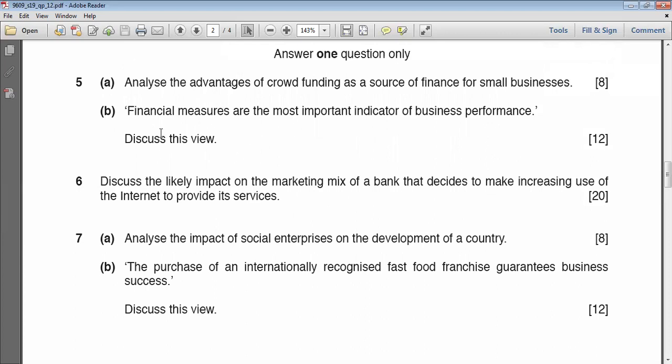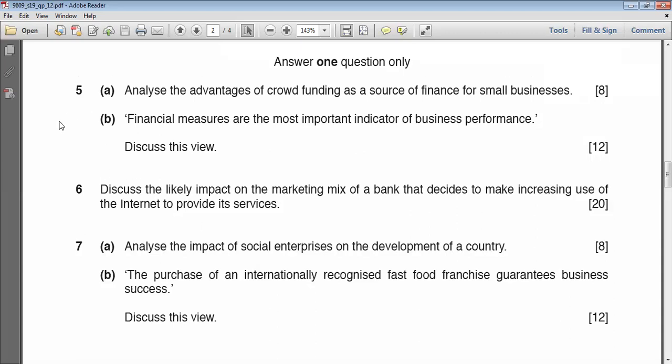The topic for 5A and 5B is finances, and for 7A and 7B the topic is more on business structure, on social enterprise and fast food franchise. So even though they are divided into two questions, they have pretty much the same idea. It's just that they are asking different questions. So you need to be very clear on that.